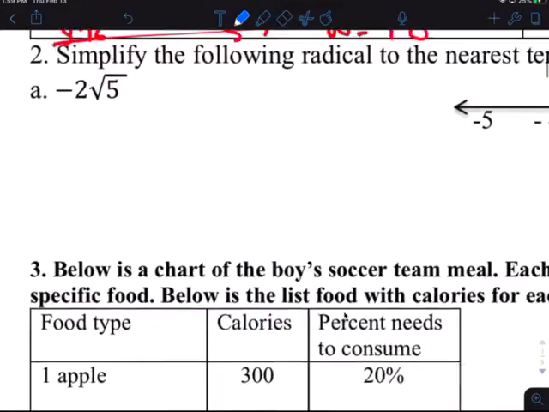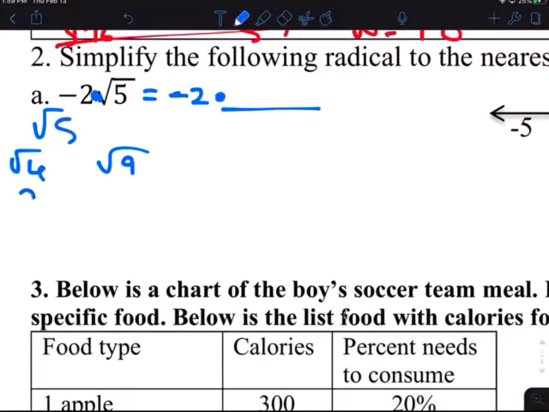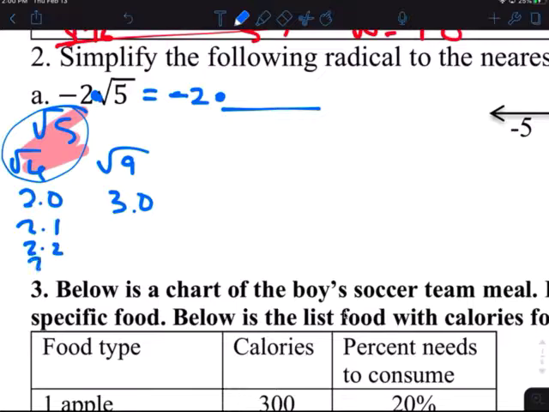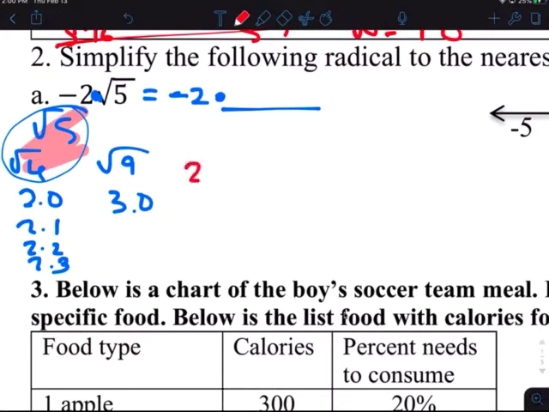Okay, here, so this is -2 times the square root of 5. We start out with this. So square root of 4 and the square root of 9, and I mentioned in class it's 2.0, 3.0, so it's closest to these two first. So we're choosing 2.1, 2.2, and 2.3. So we multiply 2.2 first to see if it's it.